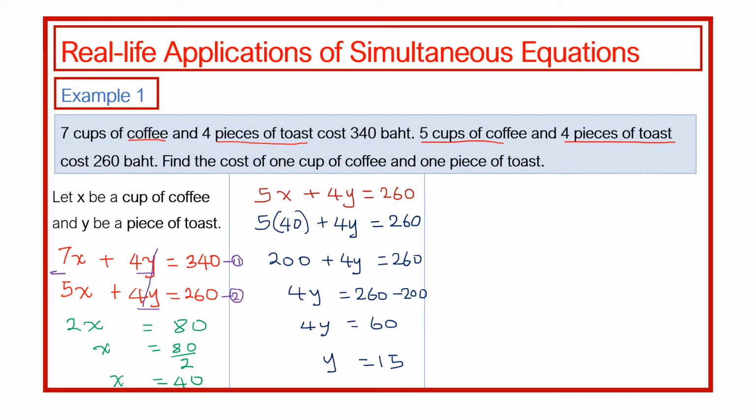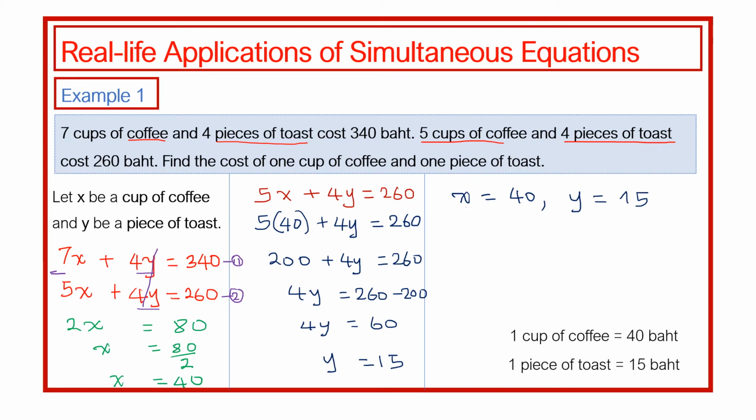So this means that x equals 40, y equals 15. But remember, x is a cup of coffee and y is a piece of toast.